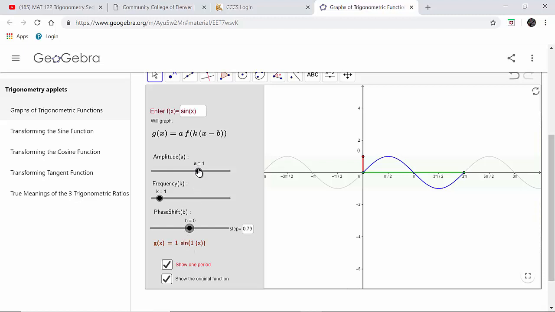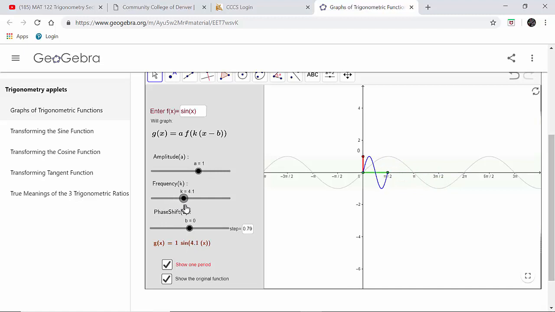So if I change the amplitude, that just raises the crest of the waves like this, or it shrinks them. So that's the number in front that is changing the amplitude. Okay. We also learned that this number in front of x inside the function changes the period. So if I make that number bigger than 1, then it shrinks it.